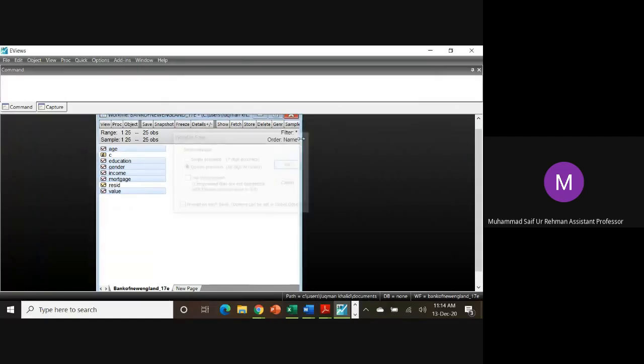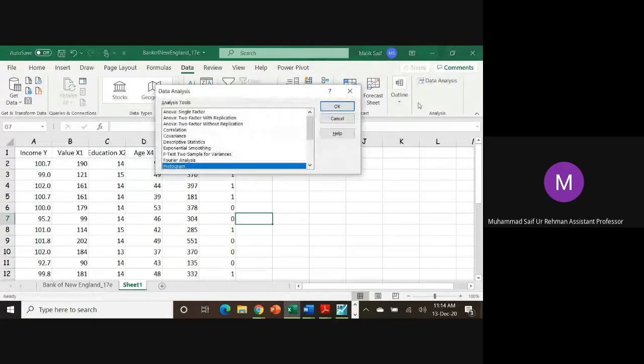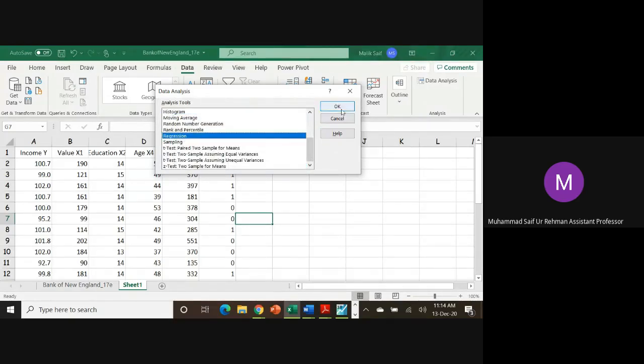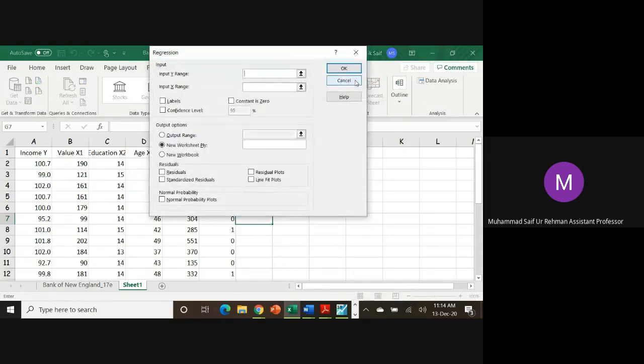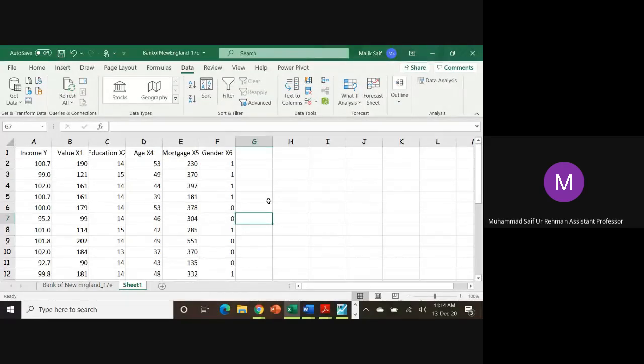Or otherwise, if you take Excel and only take 1 or 2 or 3 explanatory variables instead of all variables, then let us see. First of all, better would be if I show you what will happen if you are interested in having the graph. Okay, so let us see.